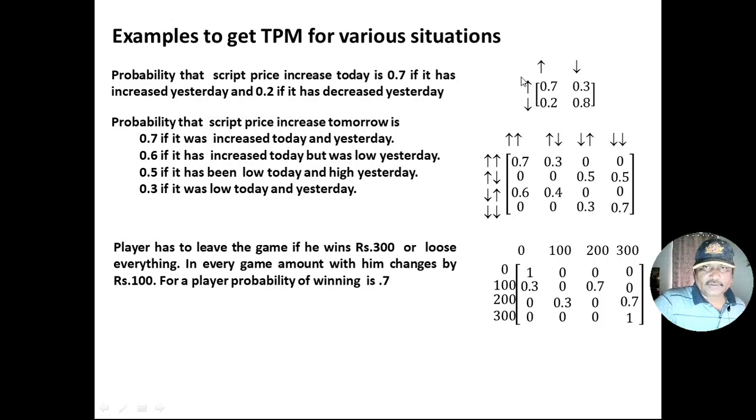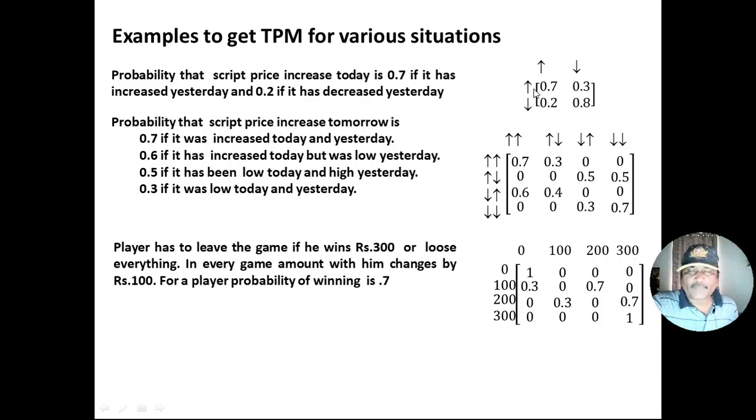It may increase today, it may decrease today, and the same thing may happen tomorrow as well. So these are the states today and these are the states tomorrow, right? So share price may increase tomorrow and share price may decrease tomorrow. No, it's not the story between today and tomorrow. It is the story between yesterday and today. So this was the state yesterday and this is going to be the state today.